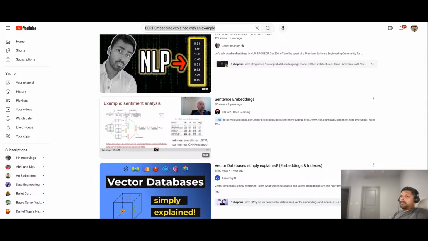Tokenization and word embedding. Next, let's take a look at how we convert the words into numerical representations. Word embeddings. We take the sentence and tokenize it.